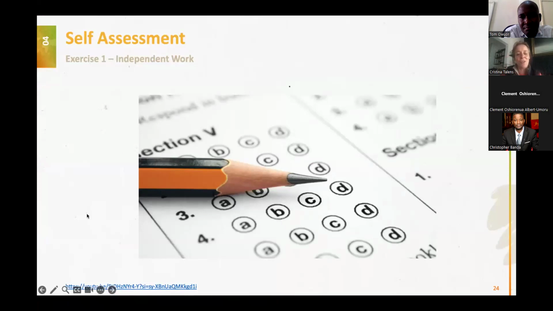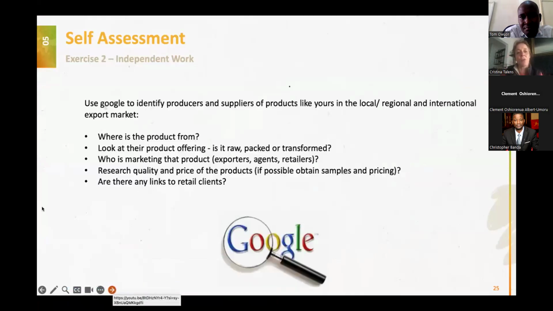So obviously do your independent work and your self-assessment in module 3. What we would like you to do is to look at your competition this week. Look at the people that produce the same products as you in your local, regional, and international export market. Look at where the product is from and what product they're offering. Is it raw?